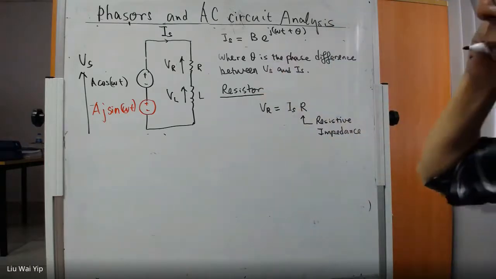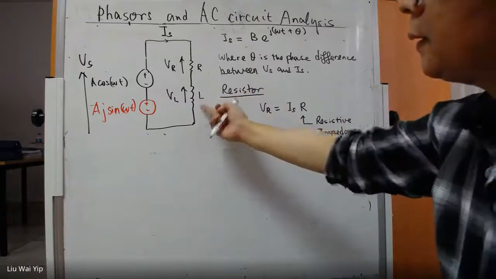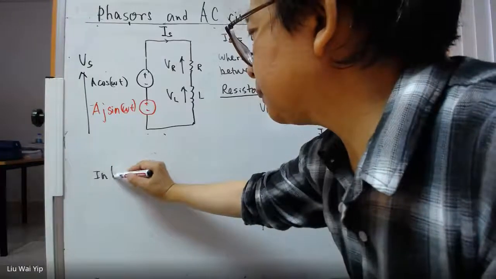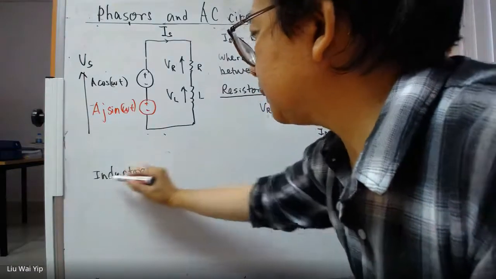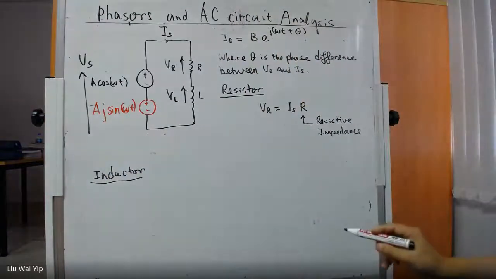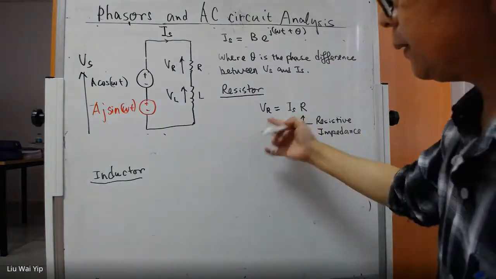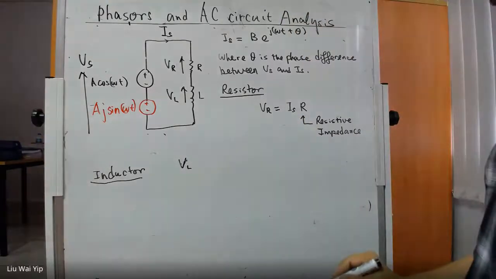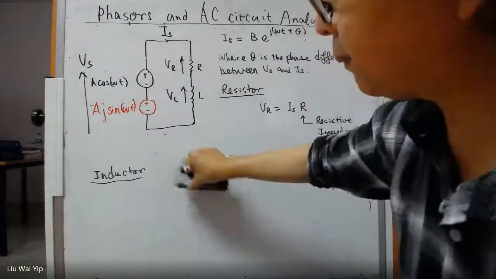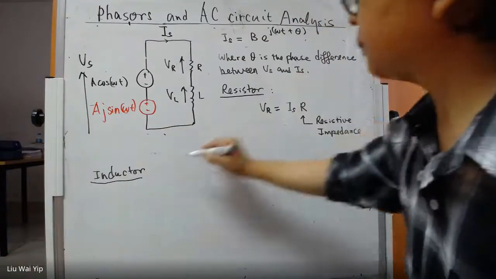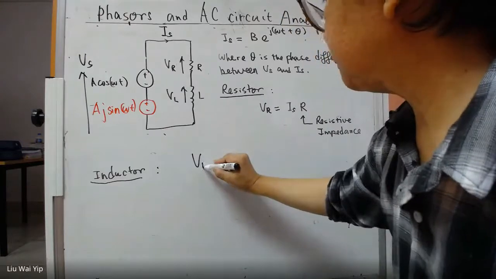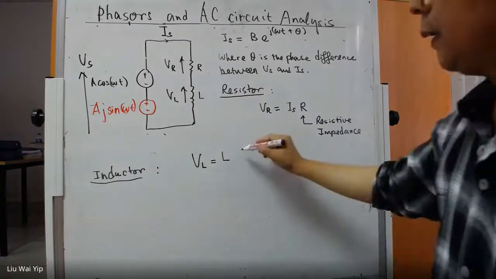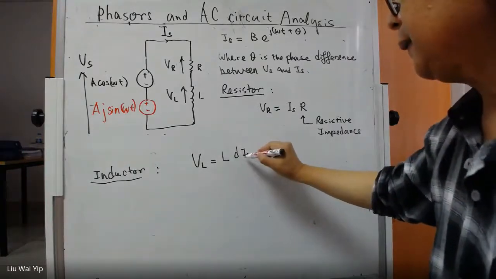You have the resistor. How about the inductor? For the inductor we have a similar treatment. We know that VL is going to be L dIs/dt.